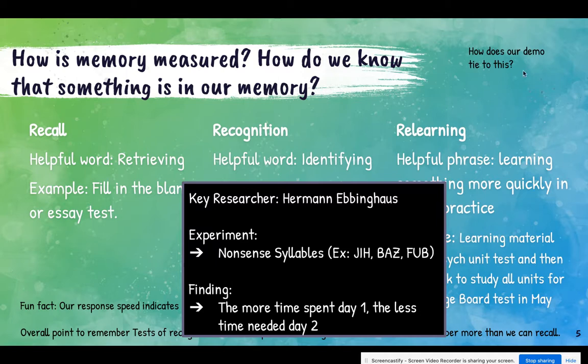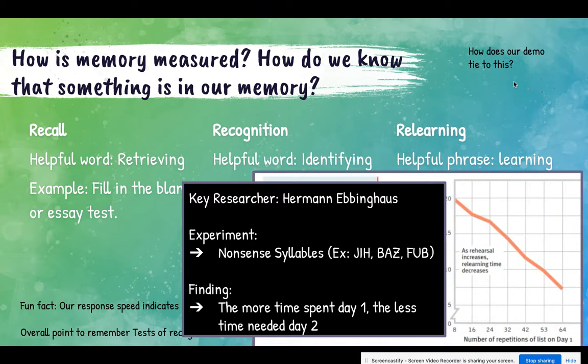What he found was that the more time that he spent learning the material on day one, the less time he needed on day two. So the graph that you see here is an example of the amount of time spent, showing that as your rehearsal increases, the more time that you spend, then the less time it would take you to relearn it days later.